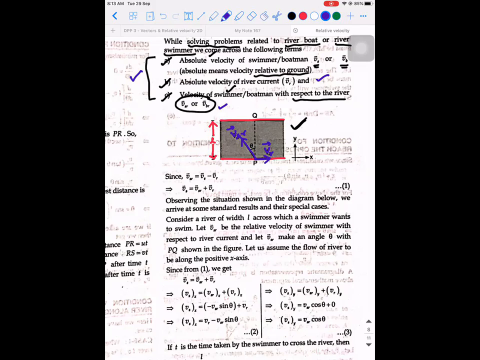So here, now let's recollect the basics of vectors. So VR is a vector, VSR is another vector. How are these 2 vectors with respect to each other? What kind of vectors are they? Co-initial. So what can we think of? What comes to our mind?